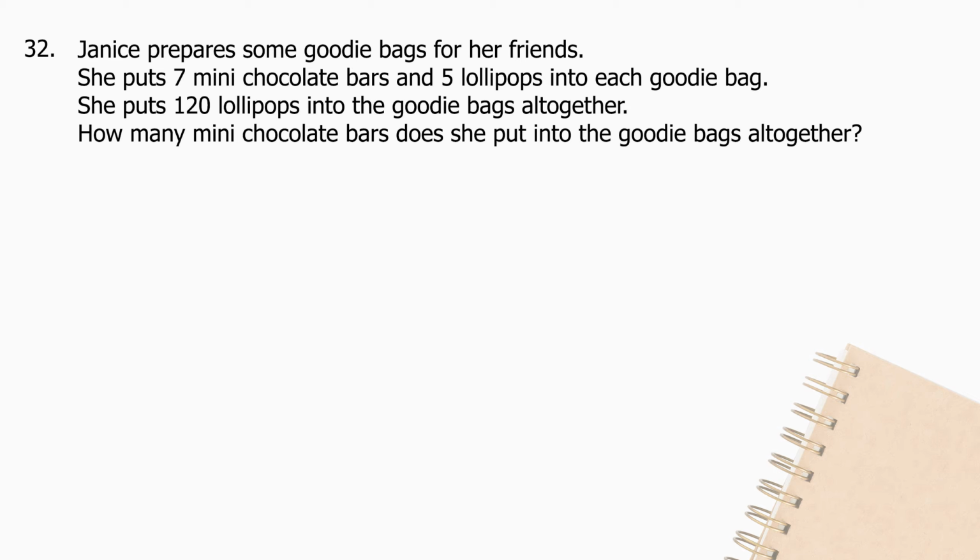Question 32. Janice prepares some goodie bags for her friends. She puts 7 mini chocolate bars and 5 lollipops into each goodie bag. She puts 120 lollipops into the goodie bags altogether. How many mini chocolate bars does she put into the goodie bags altogether?